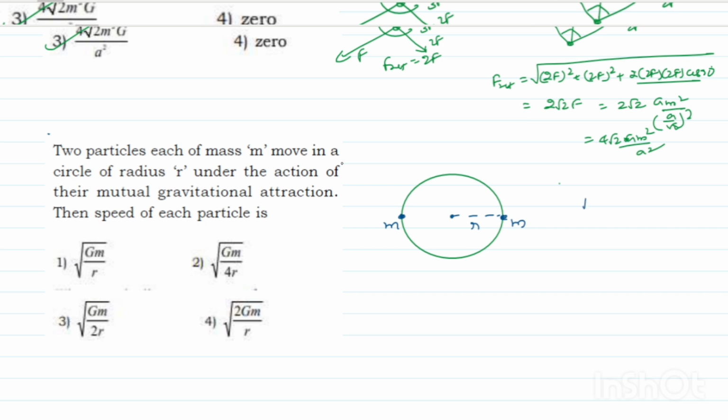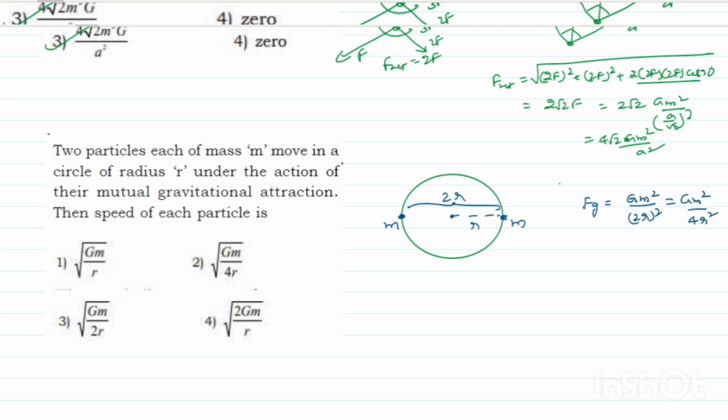Now here the gravitational force of attraction between these two masses will be F equal to G into m square by the distance of separation between these two masses, which will be 2r. So here you can take 2r whole square, which is nothing but G m square by 4r square.